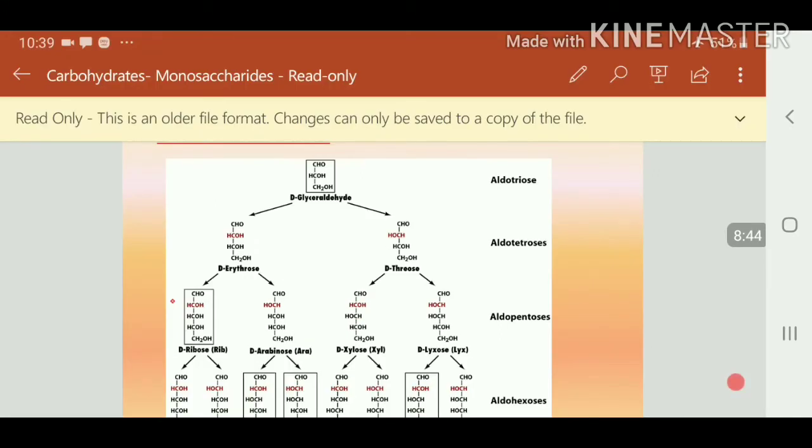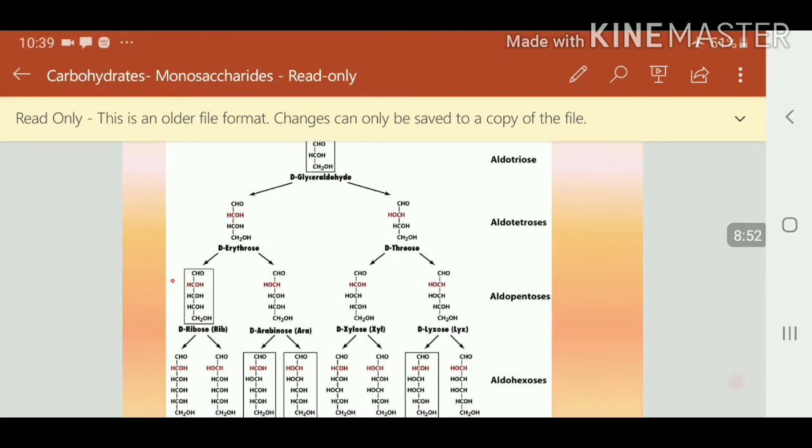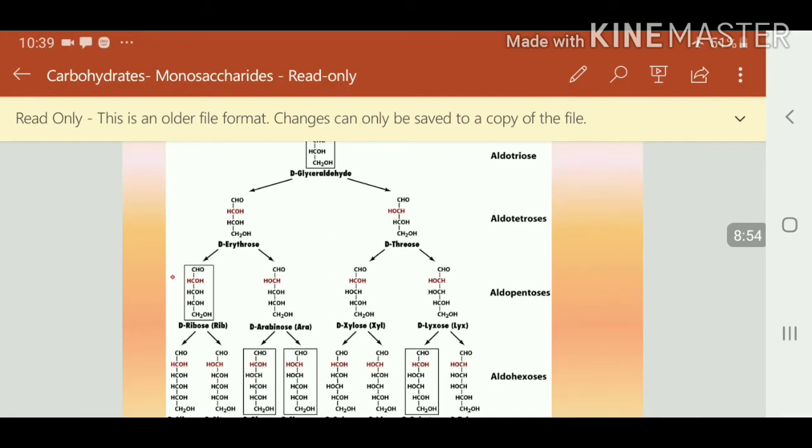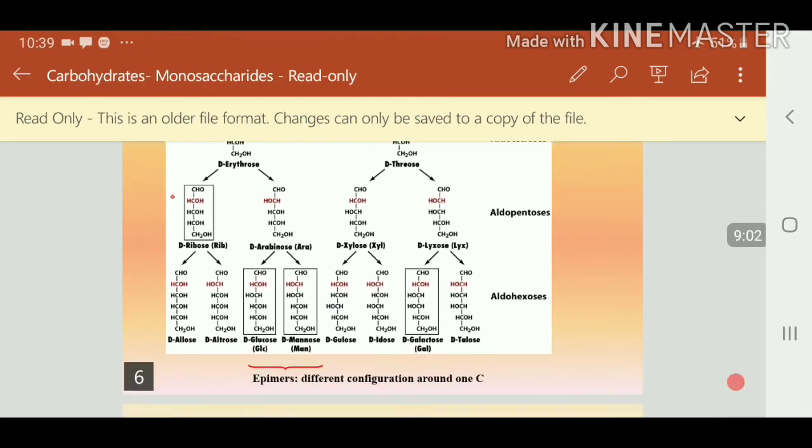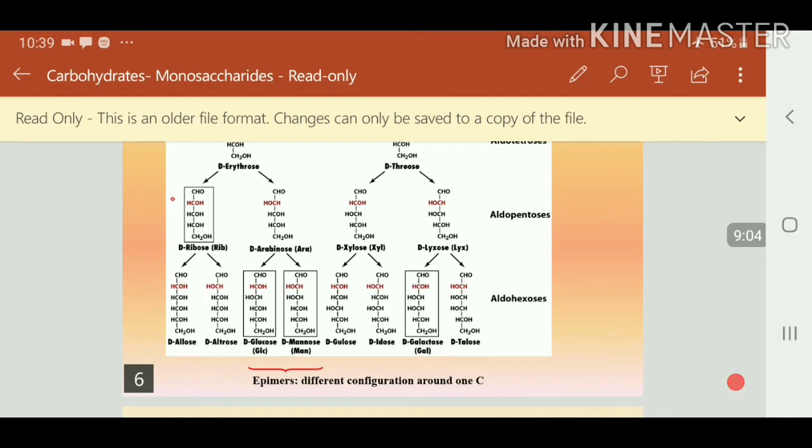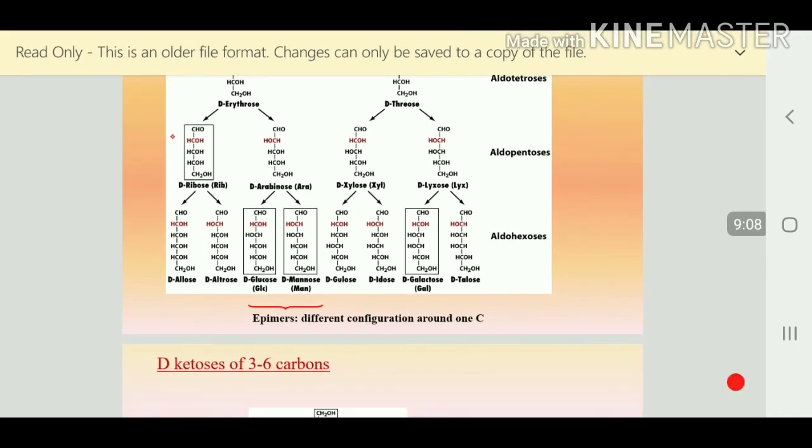Here you will also notice glyceraldehyde, a 3 carbon aldose, then erythrose is a 4 carbon aldose, that is tetrose. D-ribose and D-arabinose are pentoses, then glucose, mannose, galactose are hexoses.